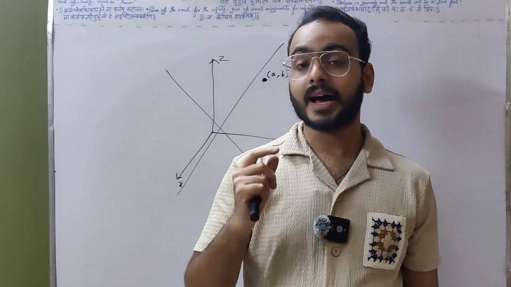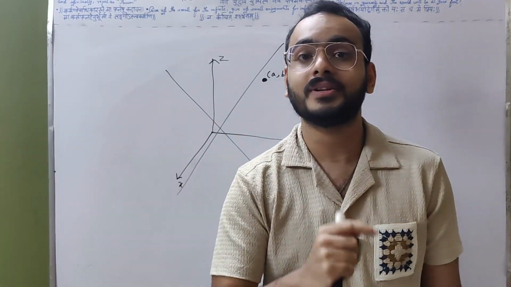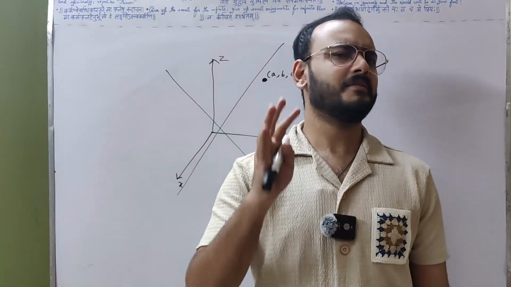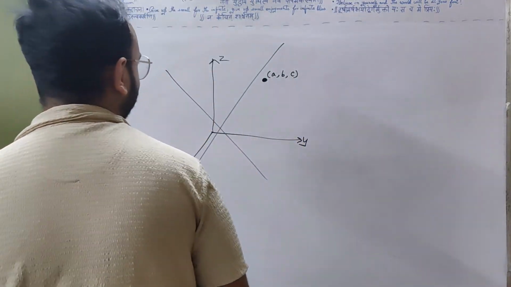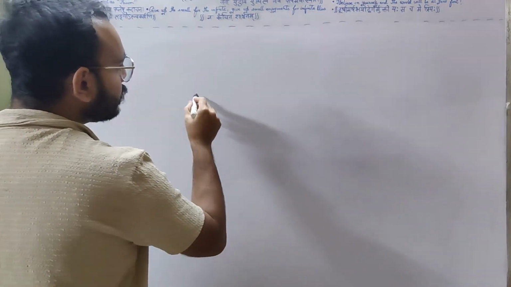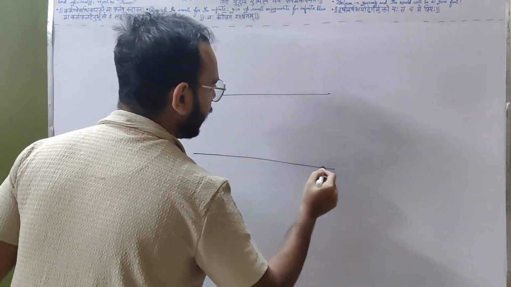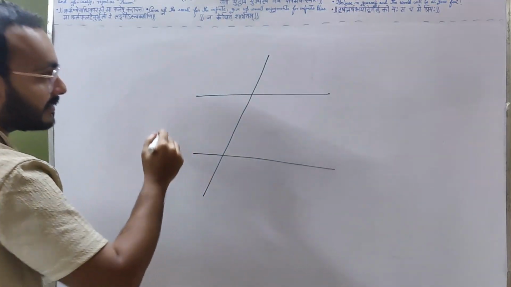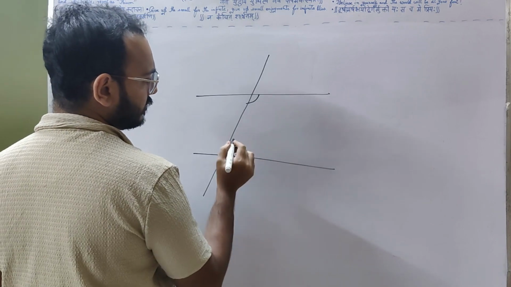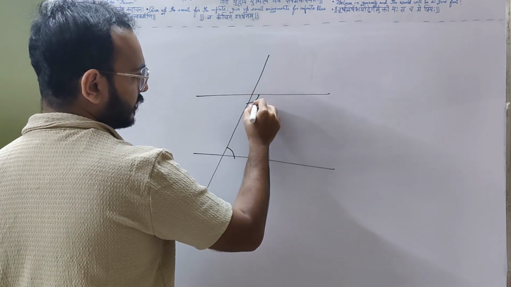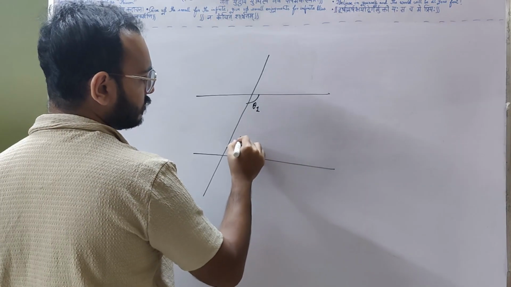Remember your class 9 notes about Euclidean geometry. Euclid had 5 postulates, and the 5th postulate talks about if I have 2 lines and if I have a third line such that it has 2 interior angles theta 1 and theta 2.